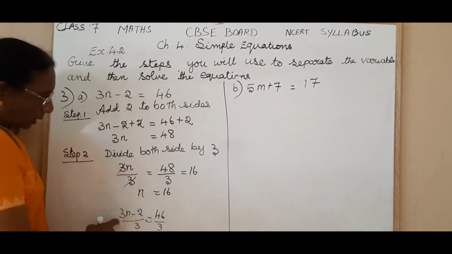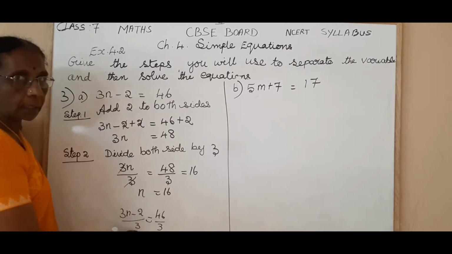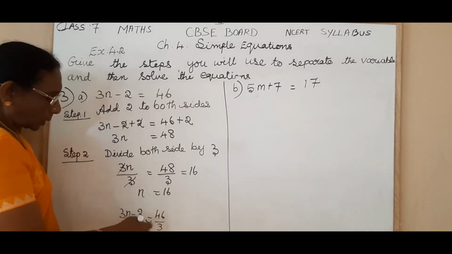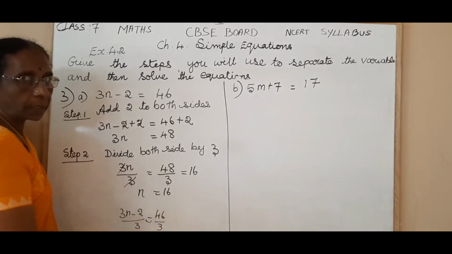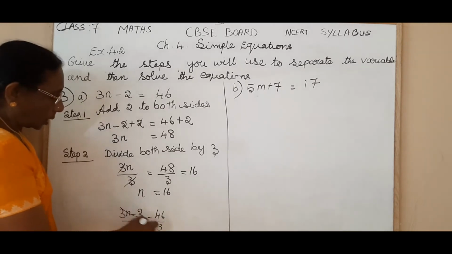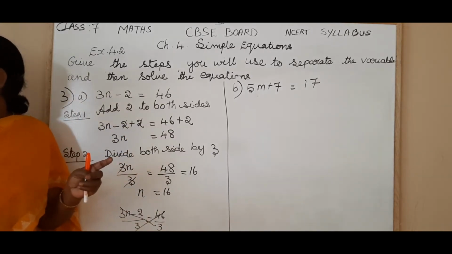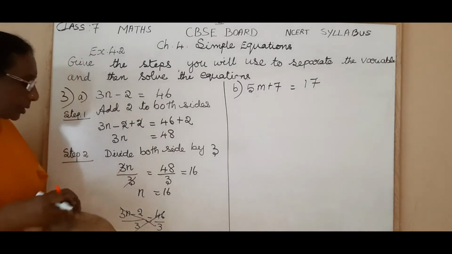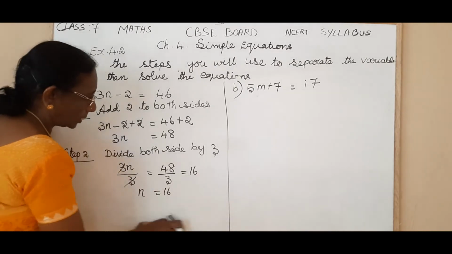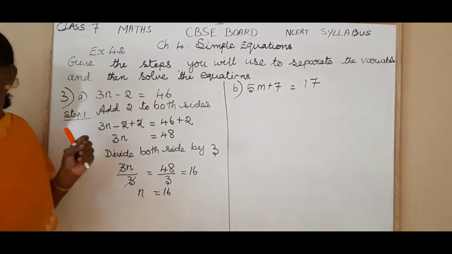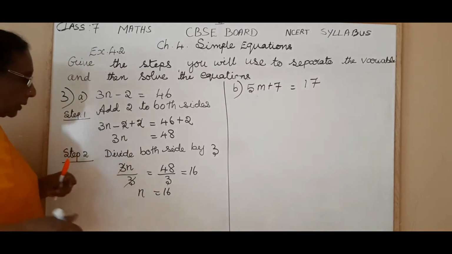It's not possible to divide 3n minus 2 by 3 easily. You can do the operation, but it will be very complicated. So first you have to do addition or subtraction.